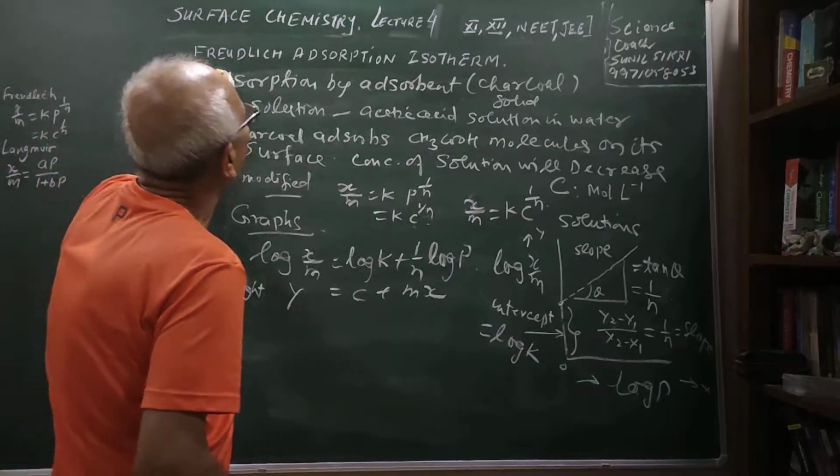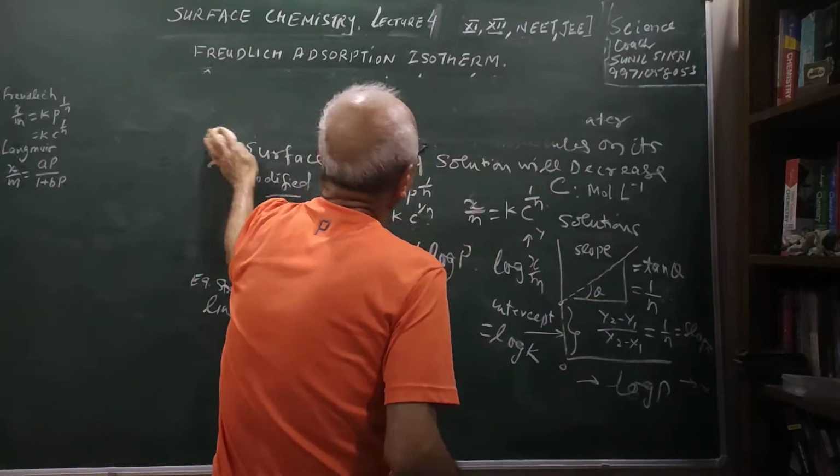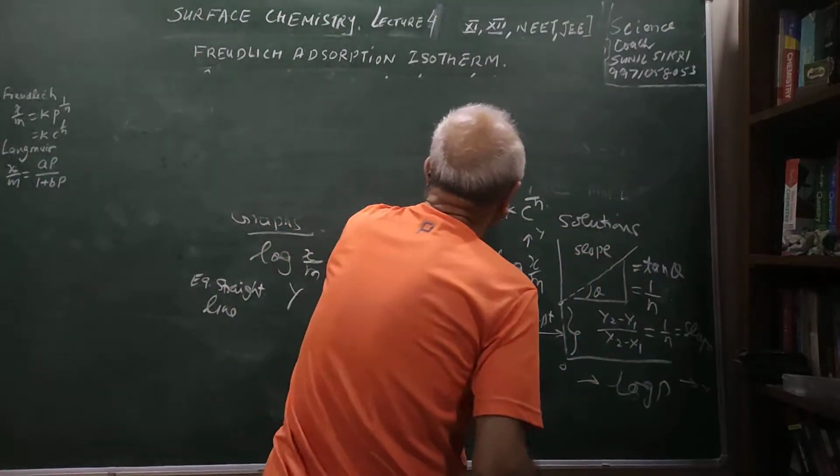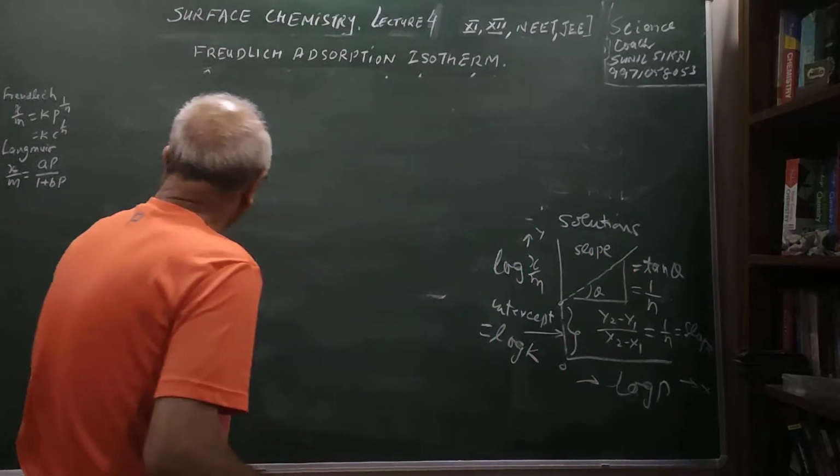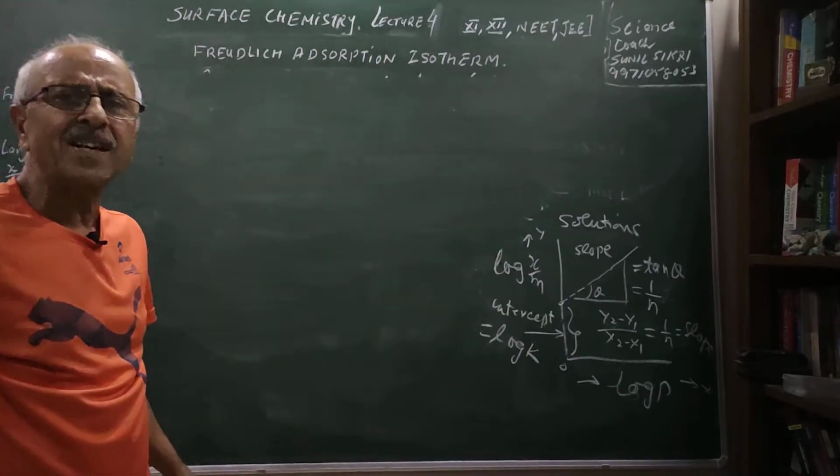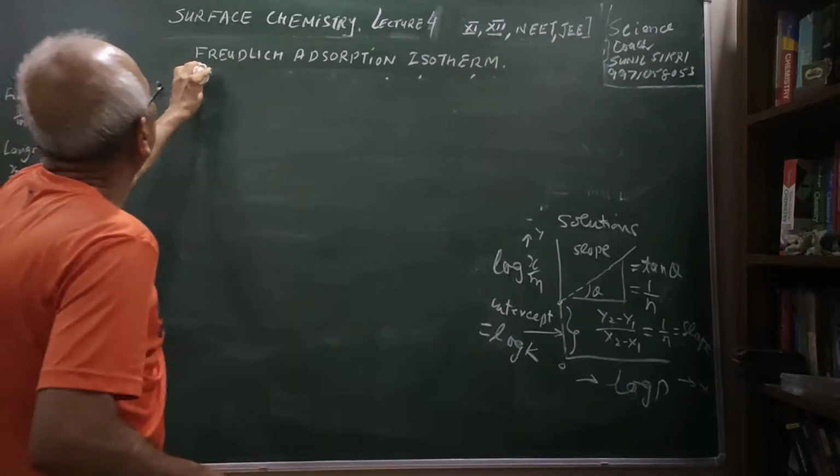So sometimes these graphs are very useful to find the value of 1 by n, and experimentally they have been verified. The only problem is that it fails at very high pressure.